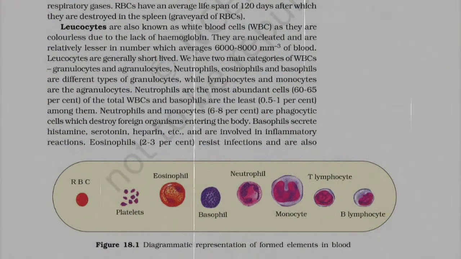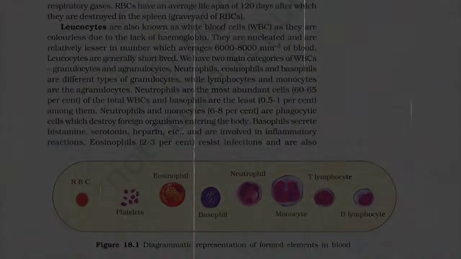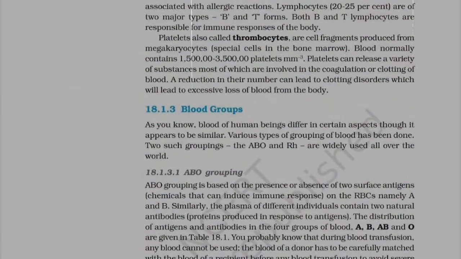Basophils secrete histamine, serotonin, heparin, etc., and are involved in inflammatory reactions. Eosinophils, 2 to 3%, resist infections and are also associated with allergic reactions. Lymphocytes, 20 to 25%, are of two major types, B and T forms. Both B and T lymphocytes are responsible for immune responses of the body.